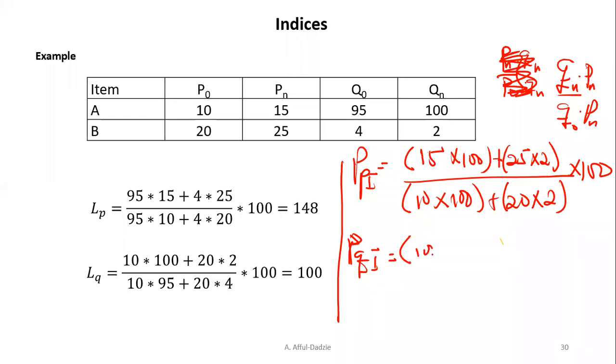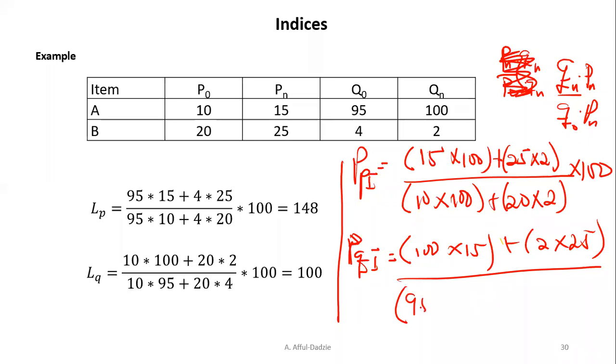We have 100 times 15, plus 2 times 25. See, it's very simple. Then we have the base quantity, which is 95 times 15, plus the next one, which is 4 times 25. Then we multiply by 100. You're done. This will be the Paasche quantity index.